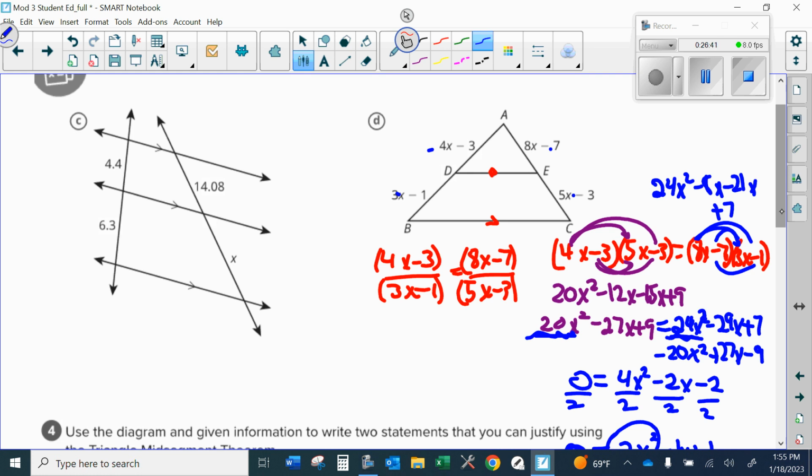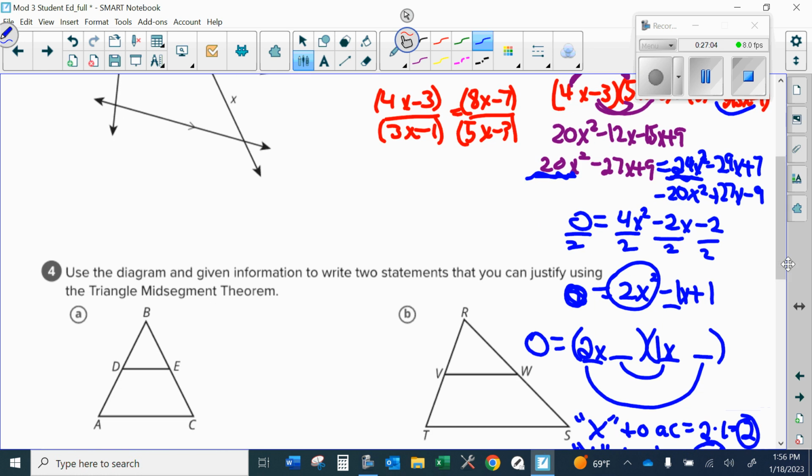Okay, 20x squared minus 12x minus 15x is minus 27x plus 9, yes. 24x squared minus 8x minus 21x is minus 29x plus 7. Okay, I'm adding this across, that is minus 2x, and that's a minus 2, and that is a 4. Dang, so that doesn't even factor at all.